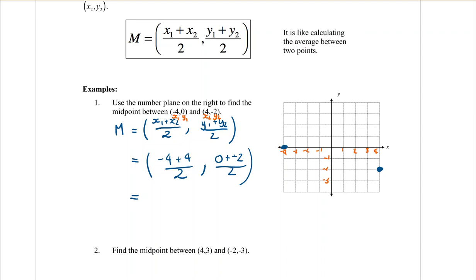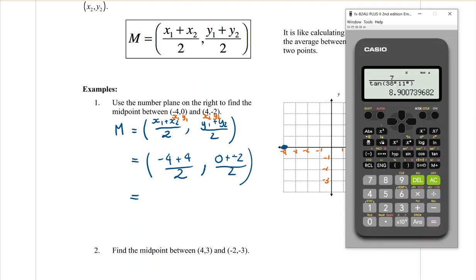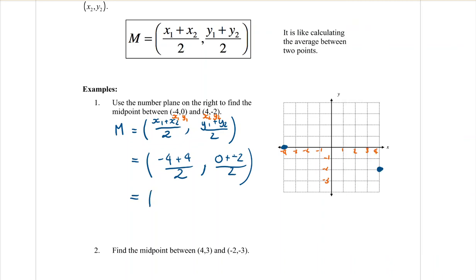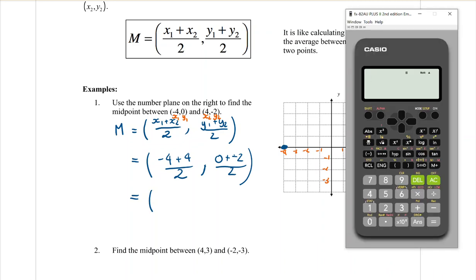Now you can't type this whole thing into your calculator. Instead, you just have to type one fraction in at a time. So I'm not going to type the bracket. I'm just going to type that first fraction where I have -4 plus 4 over 2. Okay, and that equals 0.